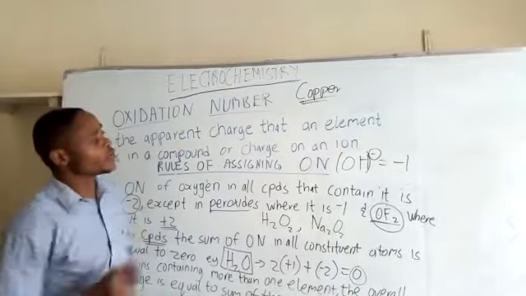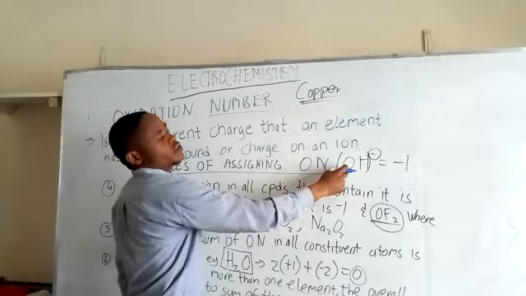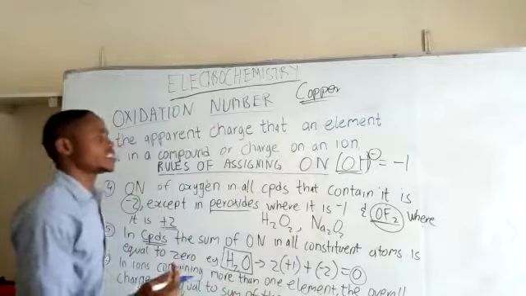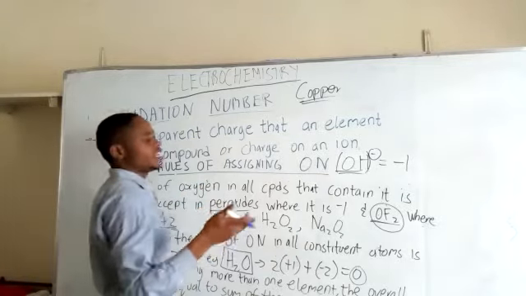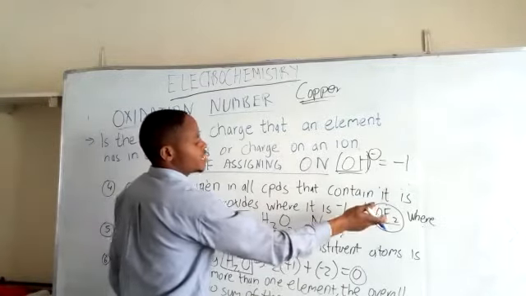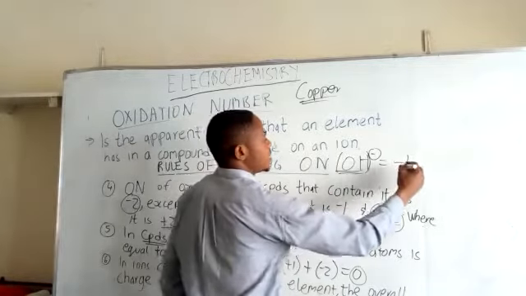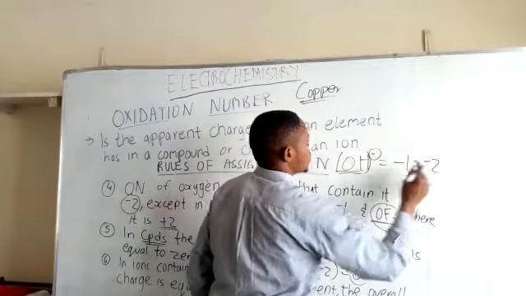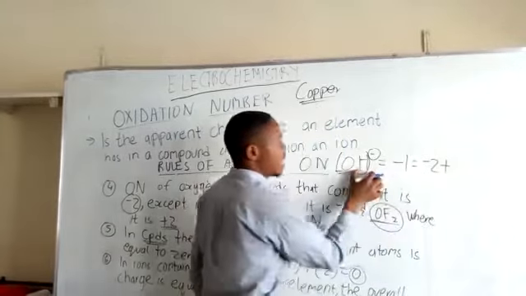So how do we get that -1? What is the oxidation number of oxygen in this compound? It is not in the exemption. That's not a peroxide, neither is it the oxide fluoride. So the oxidation number of oxygen in this case is -2. We only have one oxygen. Then plus hydrogen.